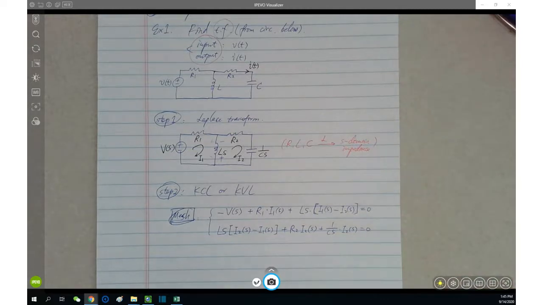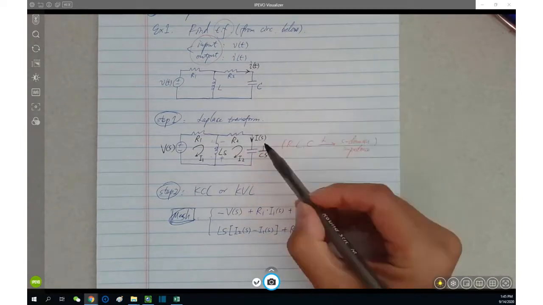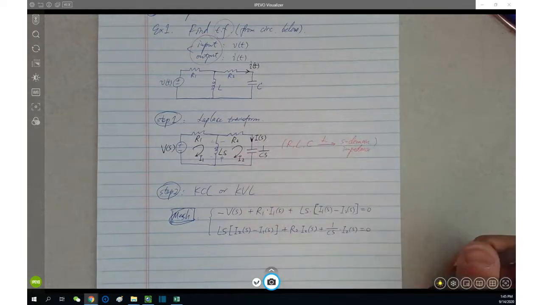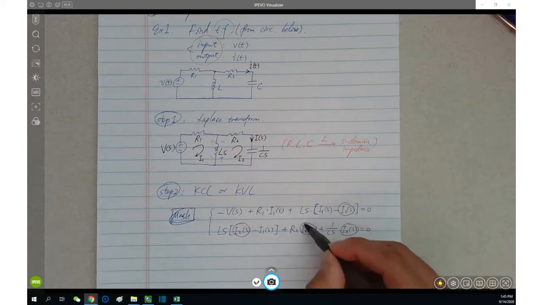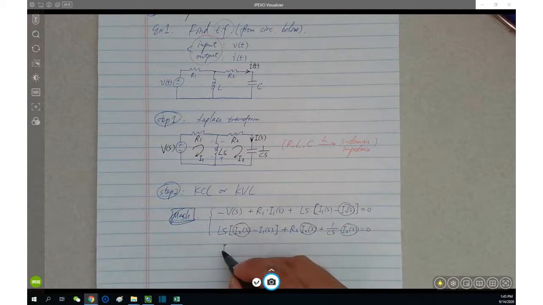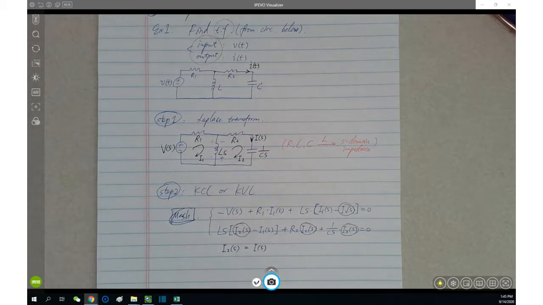After the Laplace transform, it becomes capital I of S, and you obviously must keep in mind that I2 is nothing but I of S. Kevin is right. I2 is nothing but I of S, and I of S is nothing but I2. This must be clear.